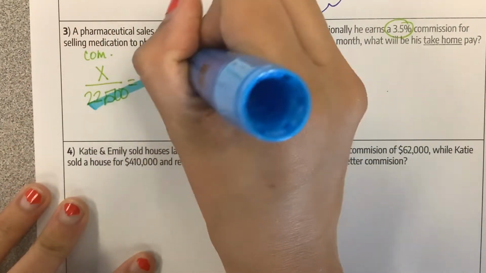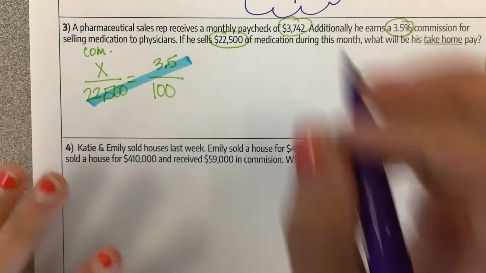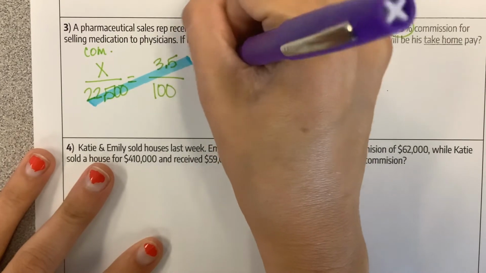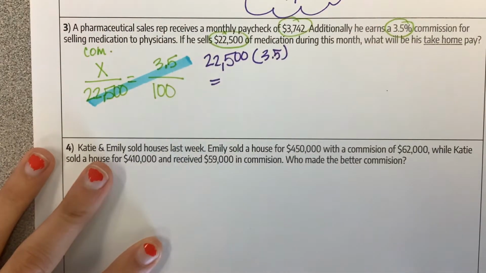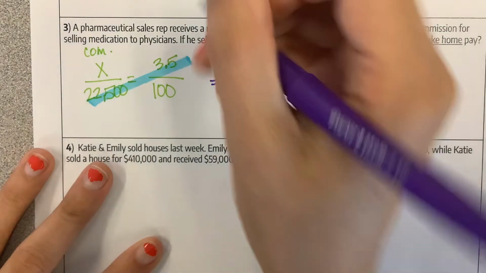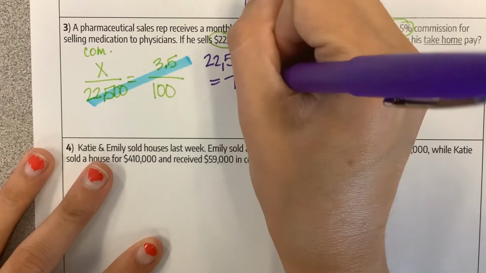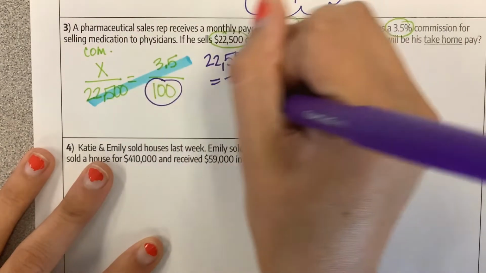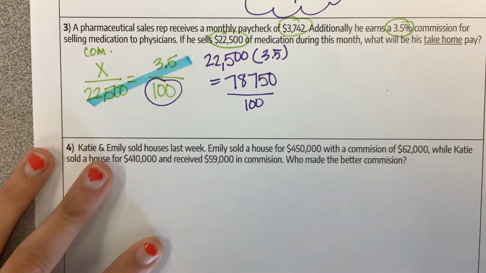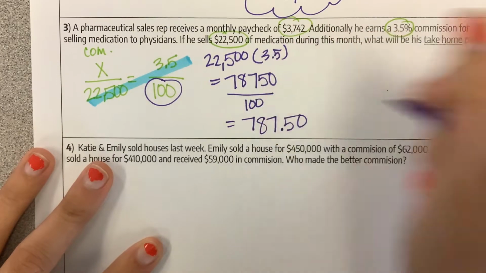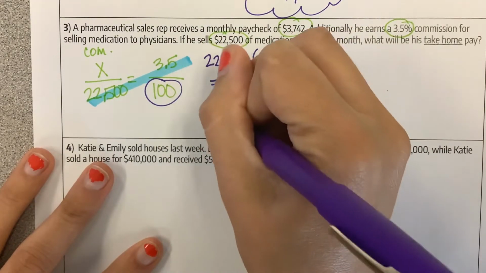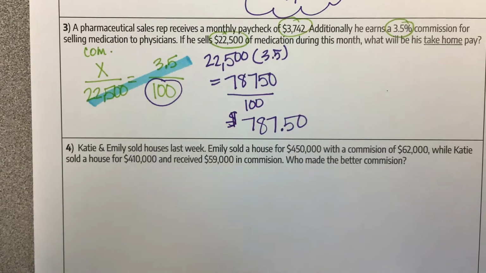So solving this proportion, I'm multiplying 22,500 times 3.5, which gives us 78,750. And I'm going to divide that by 100, and we get that his commission for the month was 787.5, which as a dollar value is $787.50.